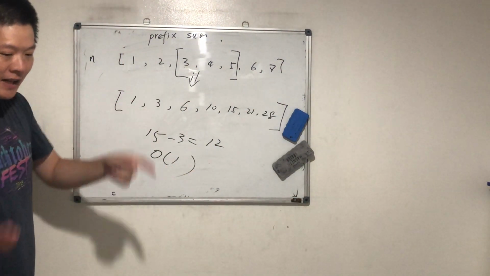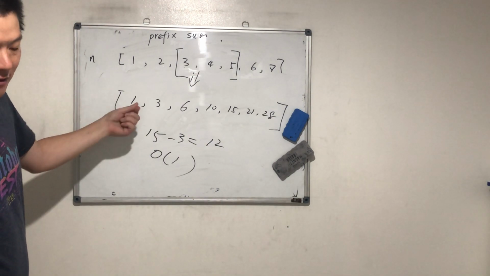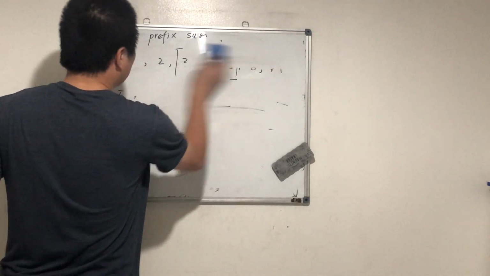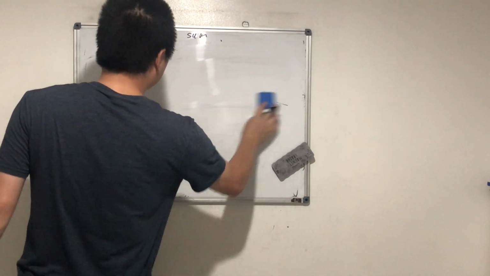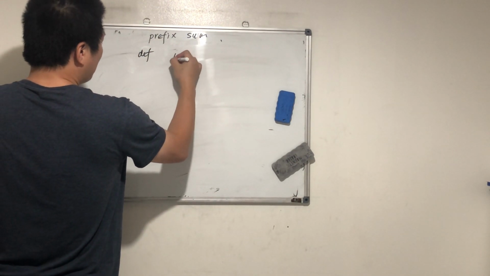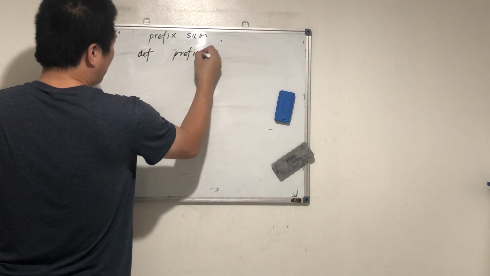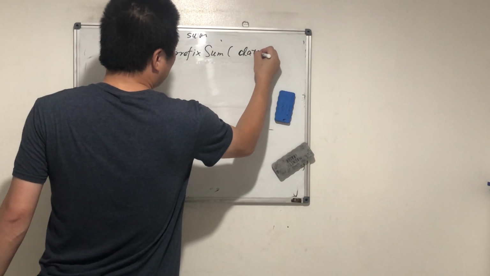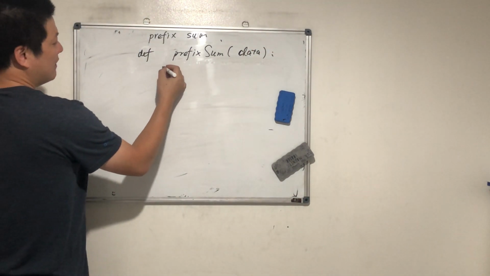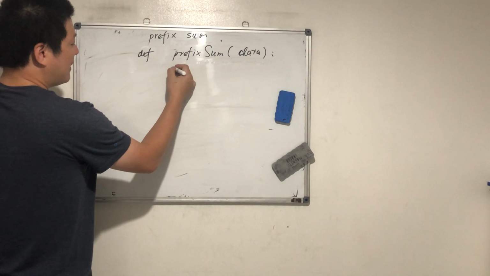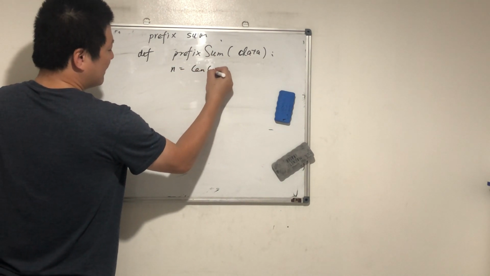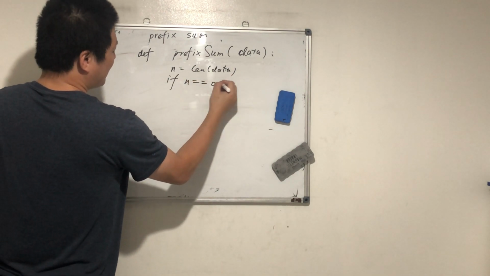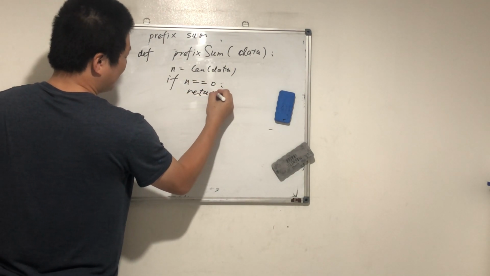Okay, let's review this bit. How do we calculate the prefix sum for the array? It's easy. Define build prefix sum, if this is the data. So how do we do this, Eric? n equals length of data. If n equals 0, we just return nothing.